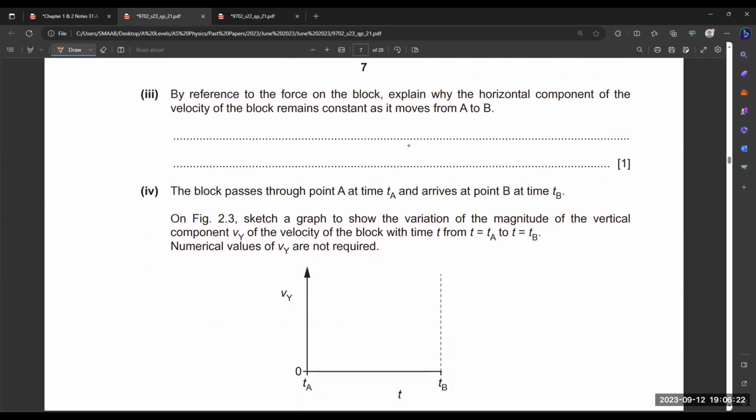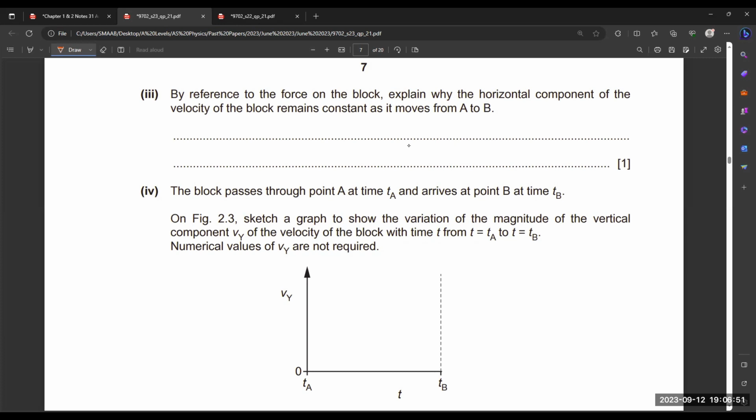And there are two more parts. By reference to the force on the block, explain why the horizontal component of the velocity of the block remains constant. We already discussed this concept: because air resistance is negligible, your resultant force will be equal to zero in the horizontal component, because that is the assumption of projectile motion, that the horizontal component always remains the same.